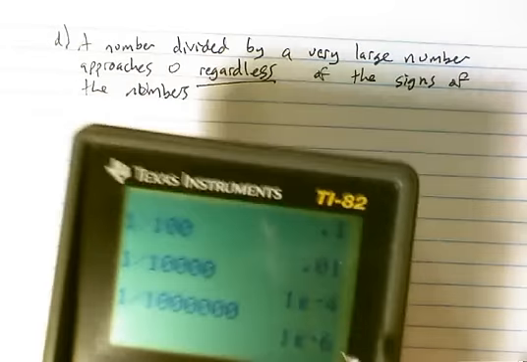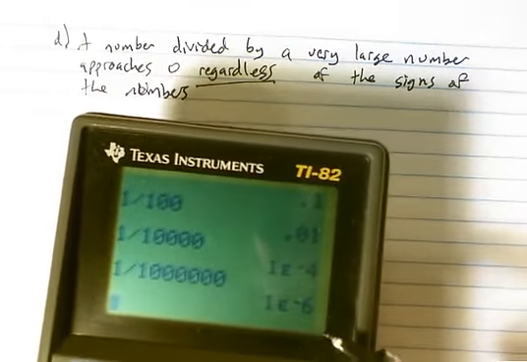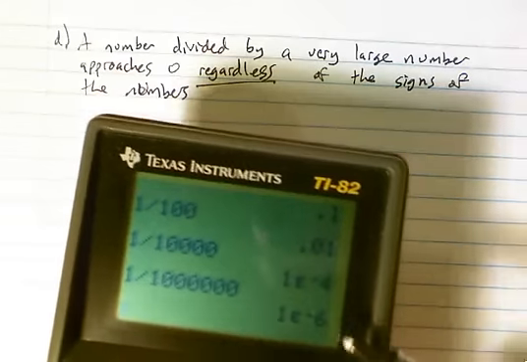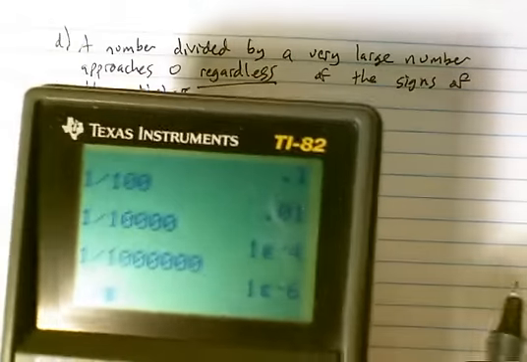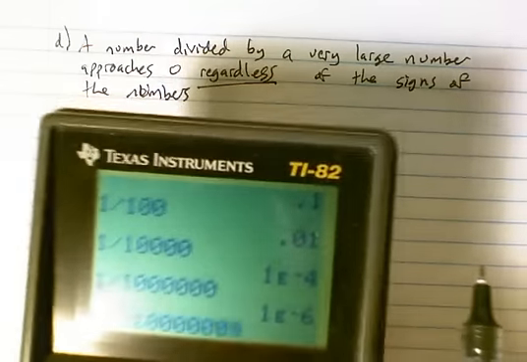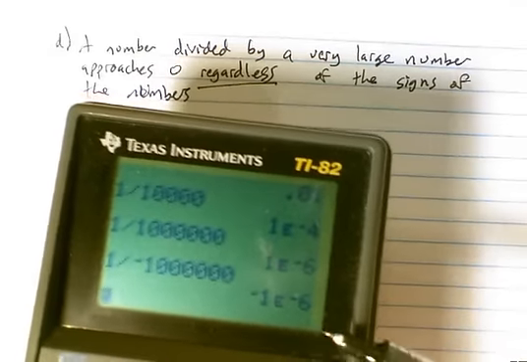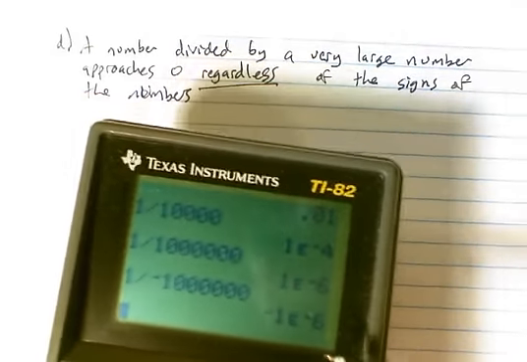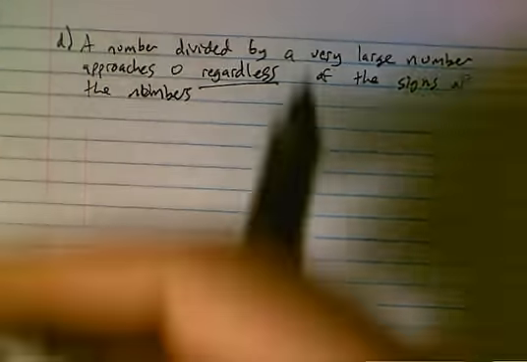That's even closer to 0, and so on and so forth. The bigger the number is in the denominator, the smaller the number is overall. This is true even if I have 1 divided by, let's say, negative 100. It's still a negative number, but there are so many zeros, we almost don't care if it's negative. It's just so close to 0. So this is the key one for what we're about to do next.